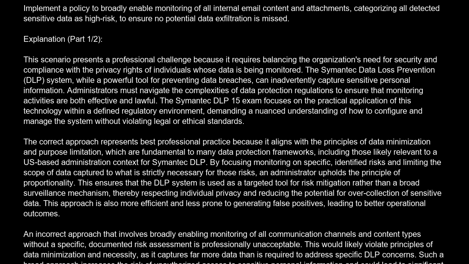This ensures that the DLP system is used as a targeted tool for risk mitigation rather than a broad surveillance mechanism, thereby respecting individual privacy and reducing the potential for overcollection of sensitive data. This approach is also more efficient and less prone to generating false positives, leading to better operational outcomes.